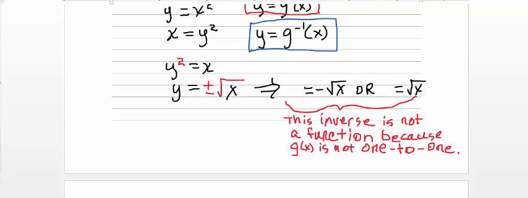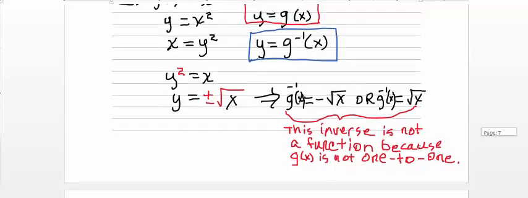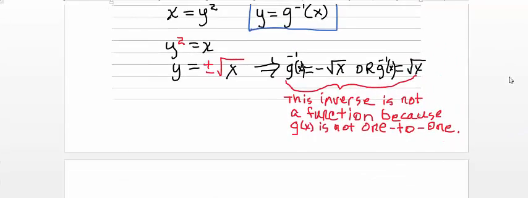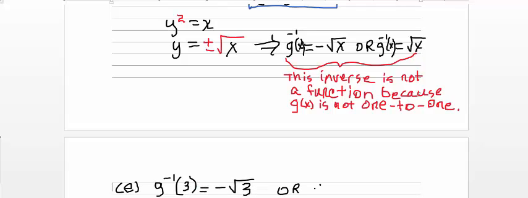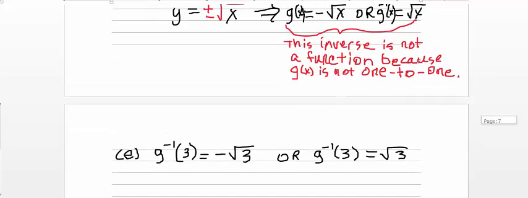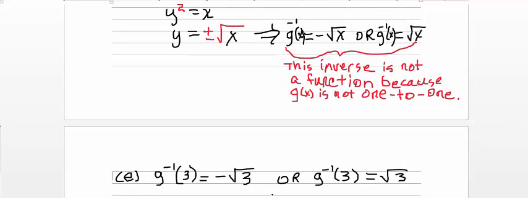So g inverse of x is either square root of x or negative square root of x. Let's talk about this a little further. But before we do that, let's go ahead and finish part E, where I want to find g inverse of 3. Well, that's either negative square root of 3 or positive square root of 3. One or the other.